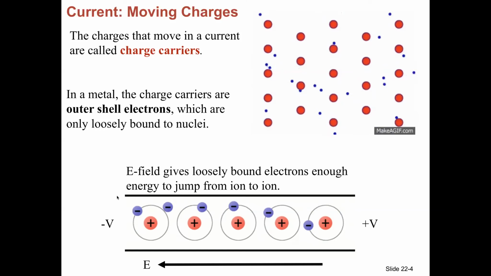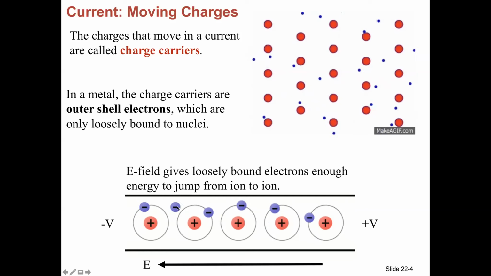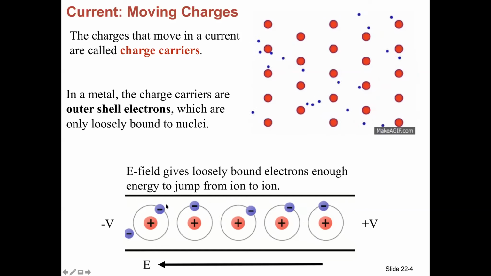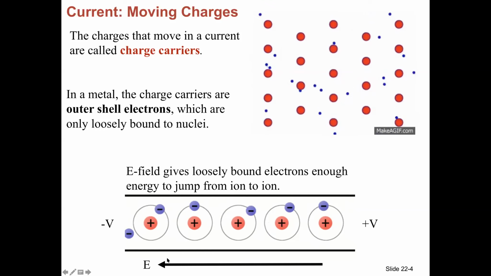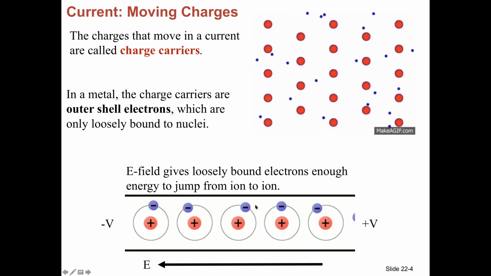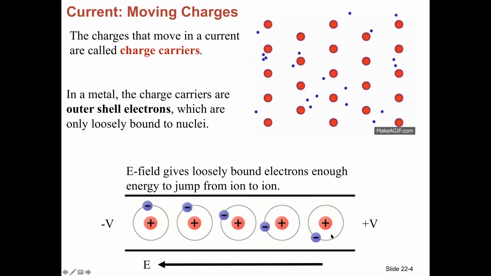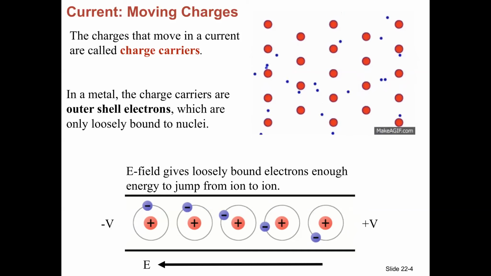What that would mean is that the electrons bounce around and jump from ion to ion, from open shell to open shell. On average they move opposite the electric field, or from low voltage to high voltage. And this is what gives us the net current, or net motion of charge.